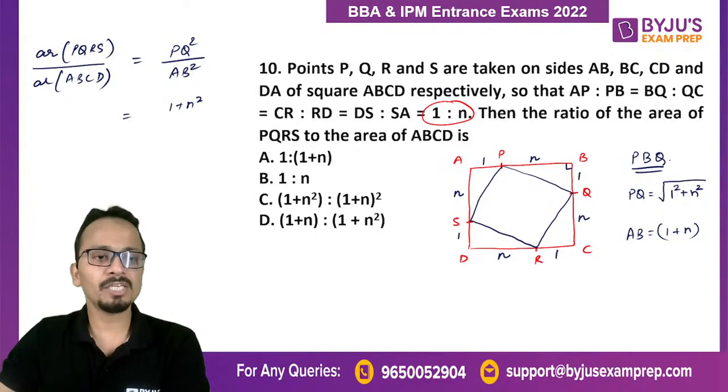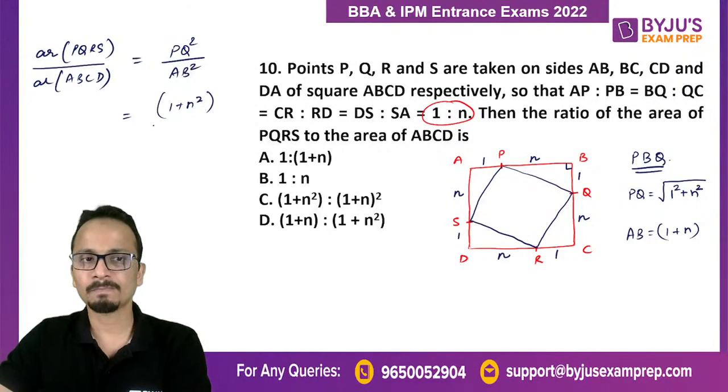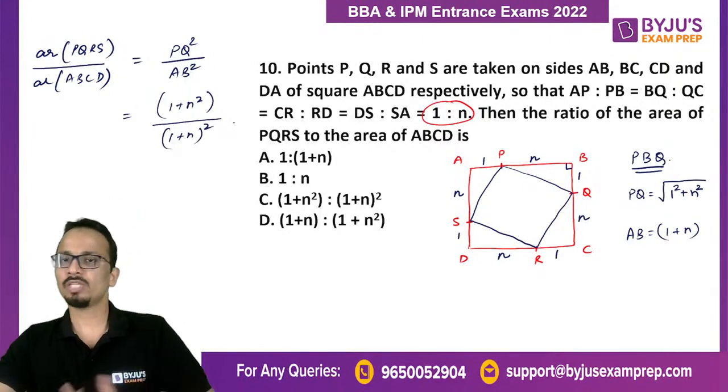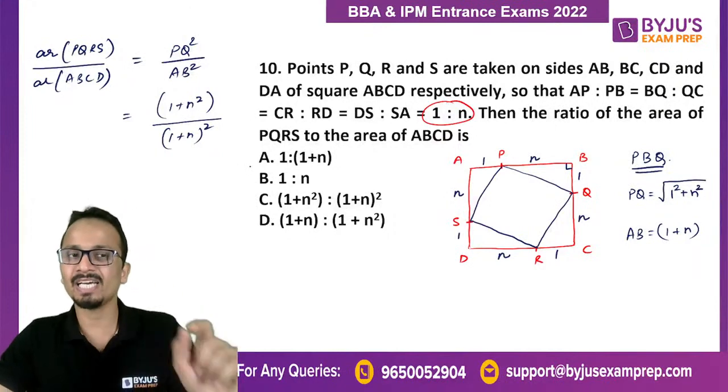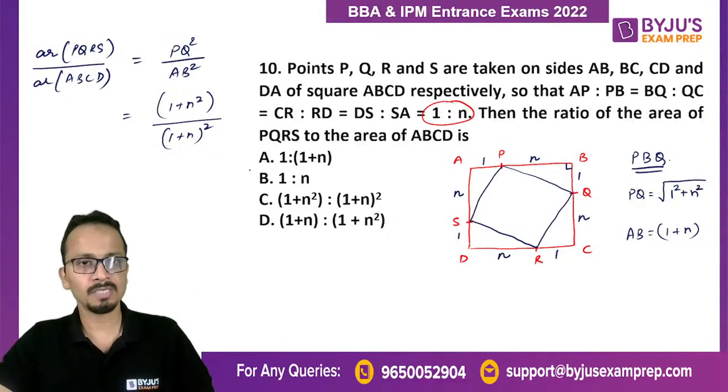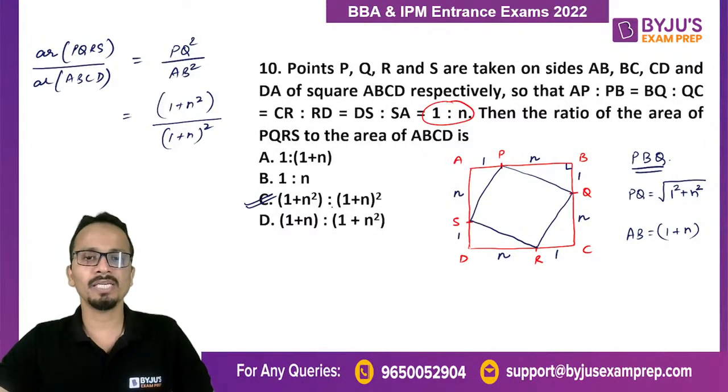So PQ square will be 1 plus n square divided by AB square, that is 1 plus n whole square. So this will be the ratio of the areas of these two squares. We will match with the options. So the correct answer will be option C, 1 plus n square is to 1 plus n whole square.